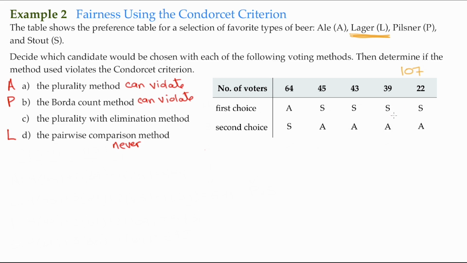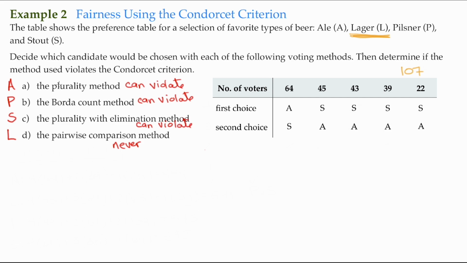So obviously Stout has a majority here. The only other first choice one here is Ale, and that's 64. So Stout wins the plurality with elimination method. So we can say that the plurality with elimination method can violate the Condorcet criterion.